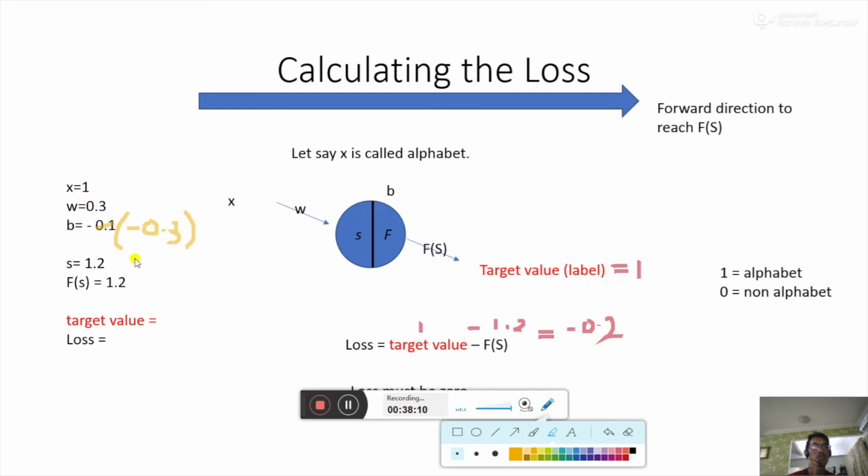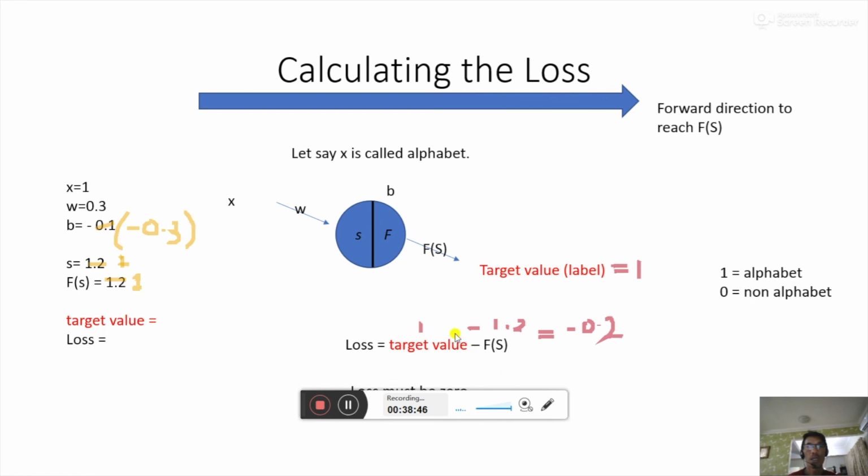B is negative. So the new value Fs becomes 1.3 plus negative 0.3, so I have 1. And you got 1.